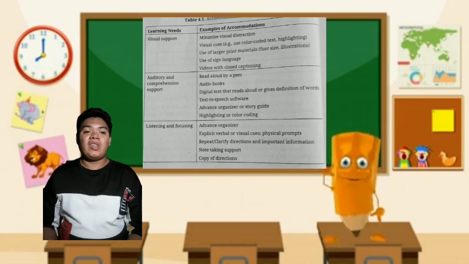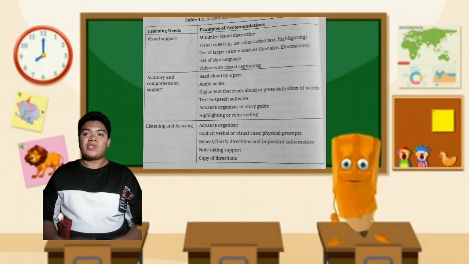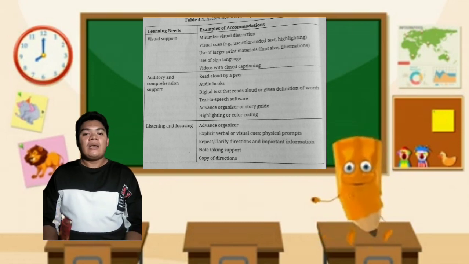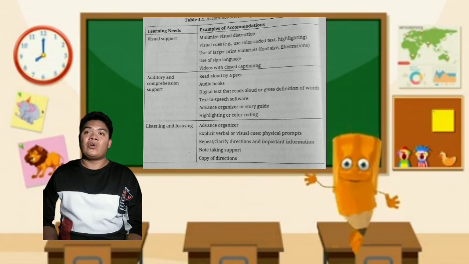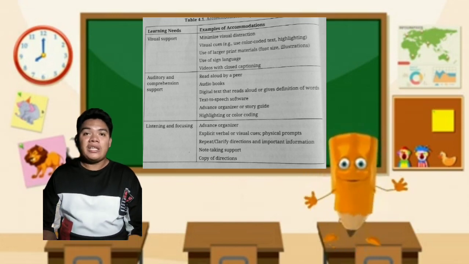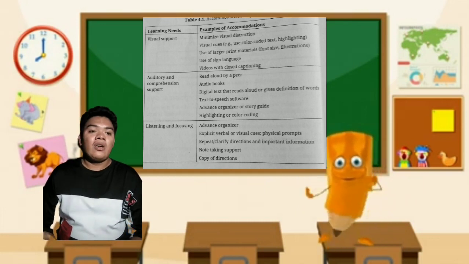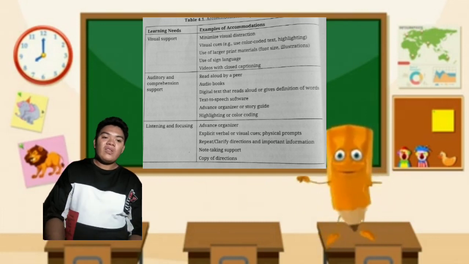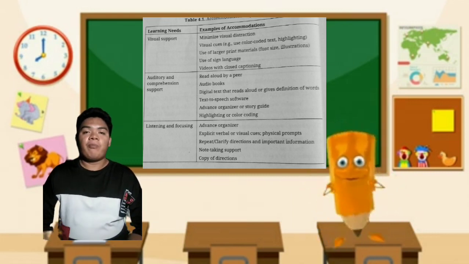And also videos with closed captioning. When we present videos, we make sure they have captions so that the student can easily see and practice their reading skills. And also we have auditory and comprehension support, for example, reading aloud by a peer.